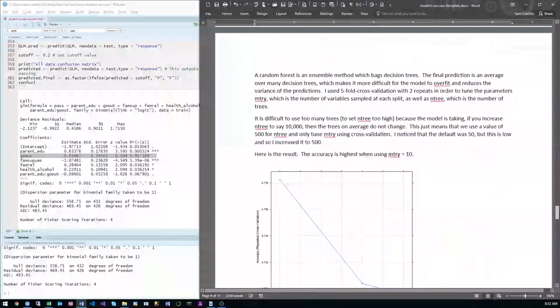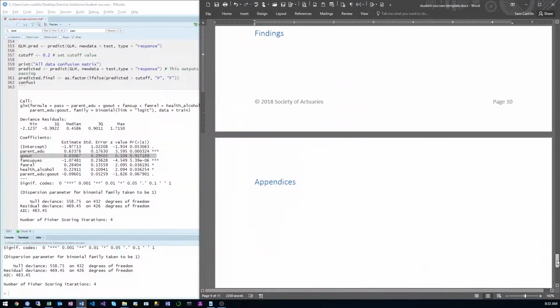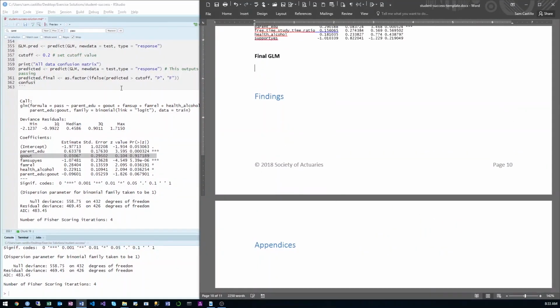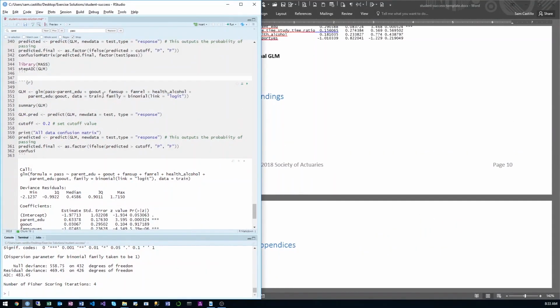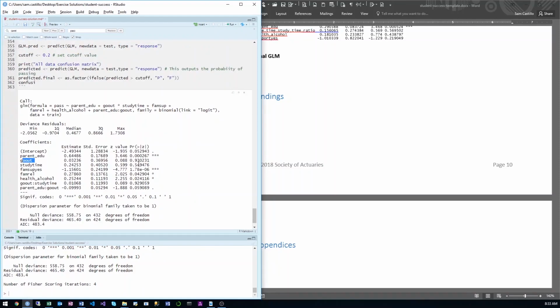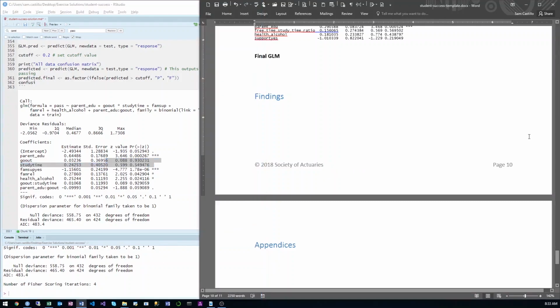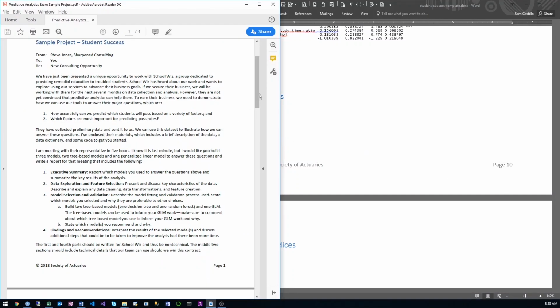So let's add an interaction between study time and go out and see if that improves the significance. So go out times study time. Go out study time. No, it's still about the same. Well, what is study time? Maybe we should just create an indicator.